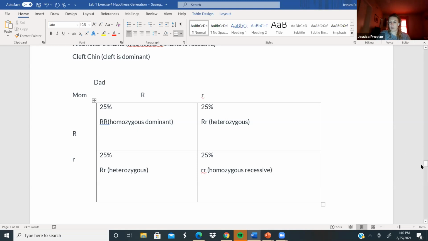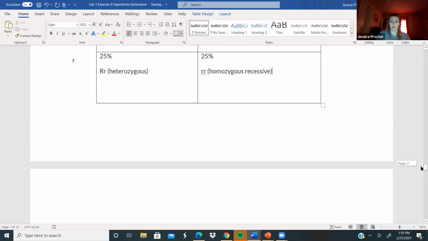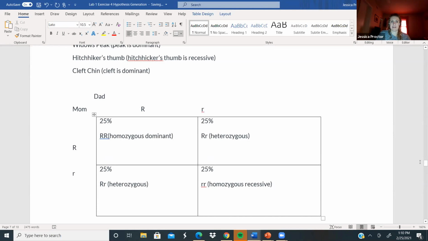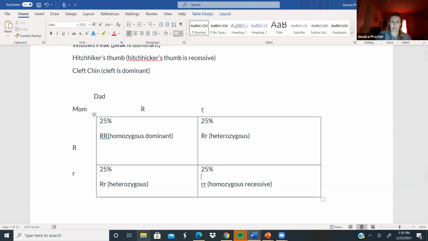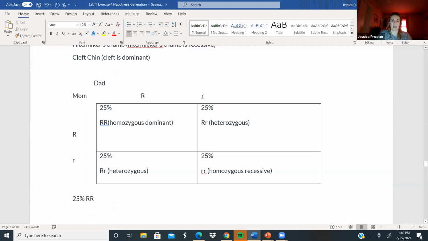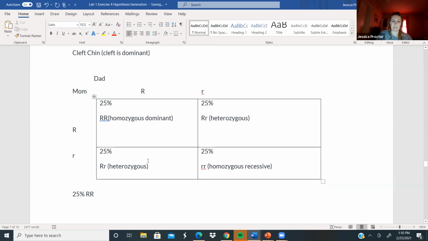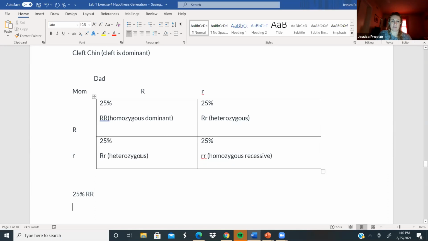Okay, so once you have your monohybrid Punnett square created, you can now predict the probability that the child will have these various genotypes and phenotypes. Every single time this mom and this dad produce a child, at least when we're looking at tongue rolling, they have a 25% chance of having a homozygous dominant child. They have a 50% chance of having a heterozygous child, since it's this box and this box.